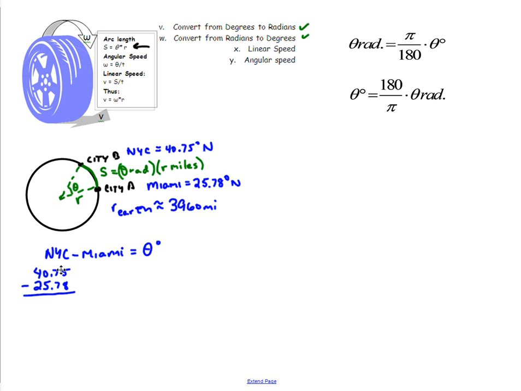Carrying the 7 and 1, 15, that's a 7. Carrying a 39, this is 17, this is 16, so that's a 9. This is going to be 14.97 degrees.